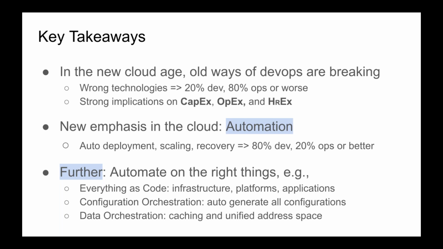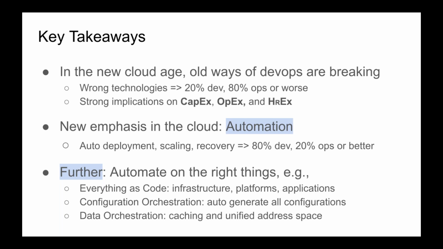So the new emphasis in the cloud is automation. We adopt all kinds of cloud-native technologies like Kubernetes, CI/CD pipelines, GitLab, etc. So the purpose is to automatically deploy software in a much shorter cycle, be able to auto scale your system and even automatically recover from bad situations.